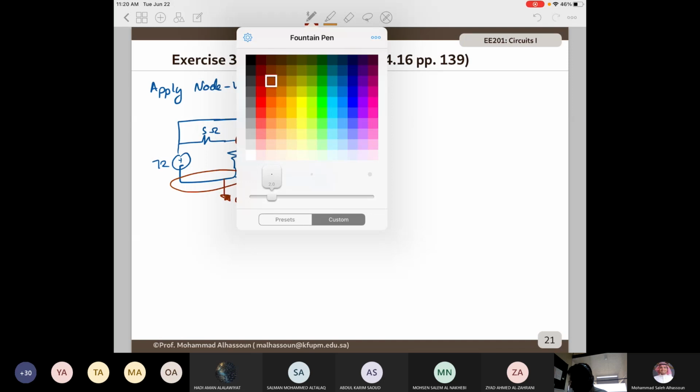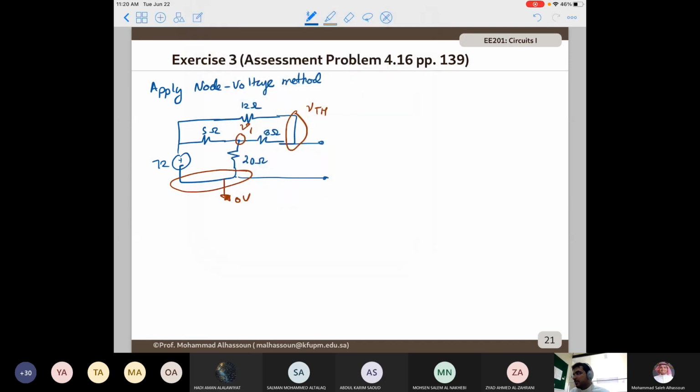If I apply the node voltage method, and by this time I think we mastered it, it's going to be V1 divided by 20 plus V1 minus 72 divided by 5 plus V1 minus V Thevenin divided by 8 equals 0.